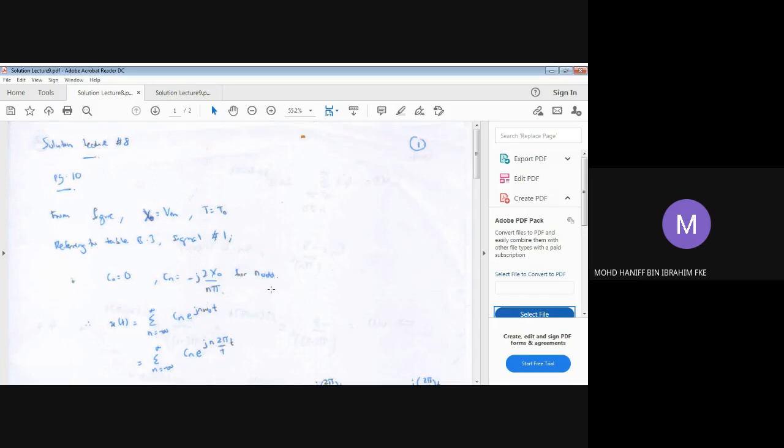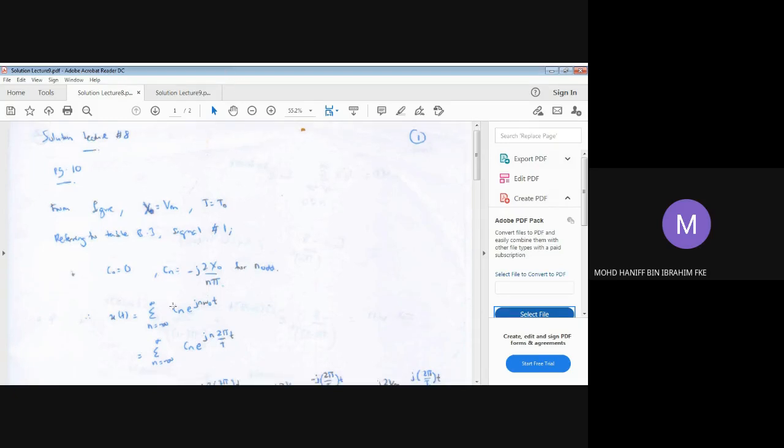It means that for even values of n, Cn is 0. Based on that, we can write the equation of the Fourier series, based on these Cn's, as the summation from n equals negative infinity to positive infinity of Cn times exponential j n omega naught t.